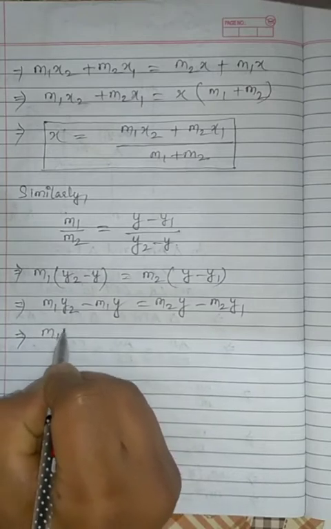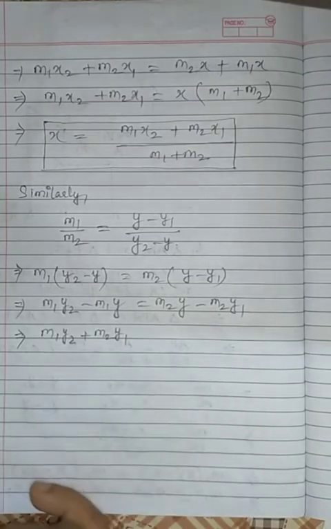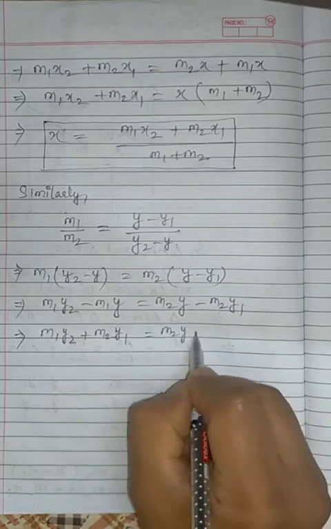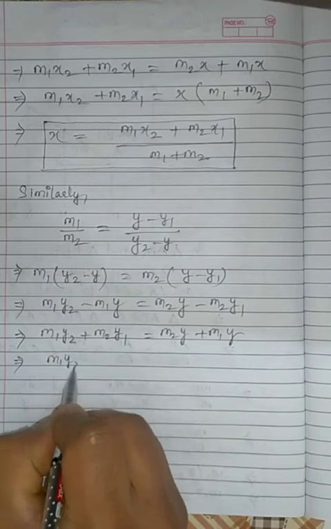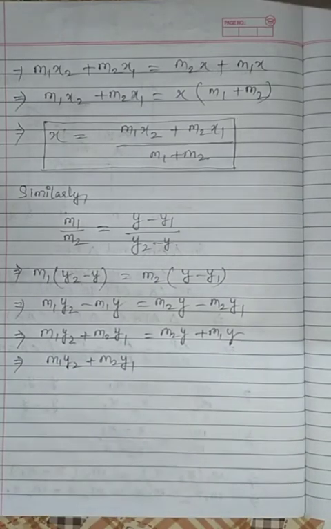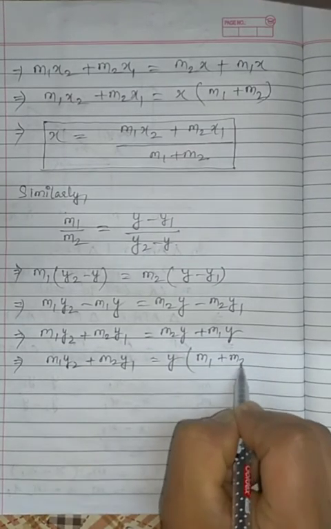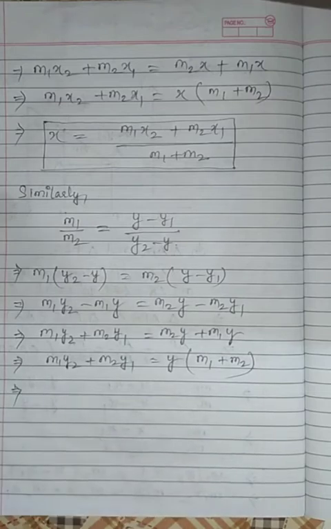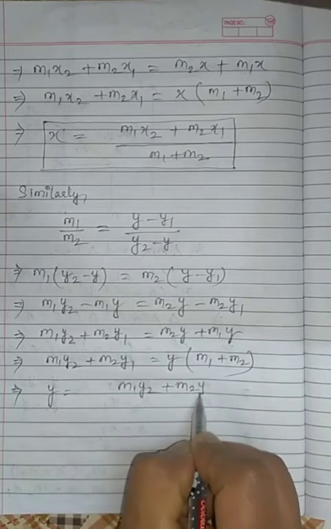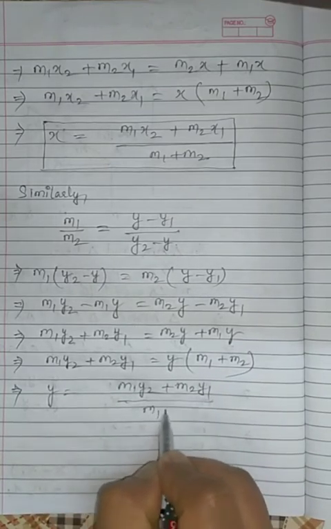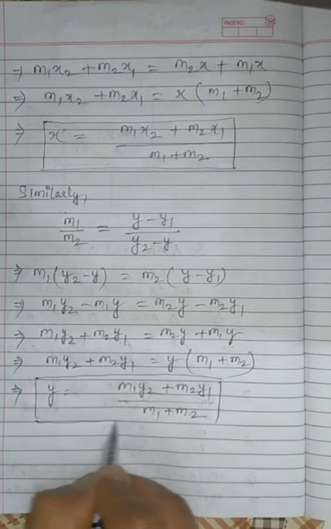And by transposing, M1 y2 plus M2 y1 is equal to M2 y plus M1 y. So M1 y2 plus M2 y1 is equal to y taken common and rearranging, M1 plus M2. Therefore, y is equal to M1 y2 plus M2 y1 upon M1 plus M2. This is the section formula for y.